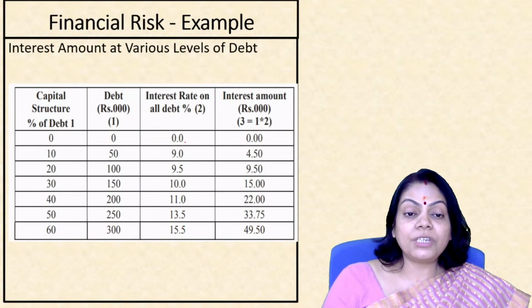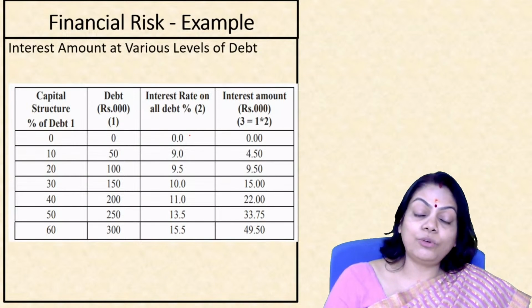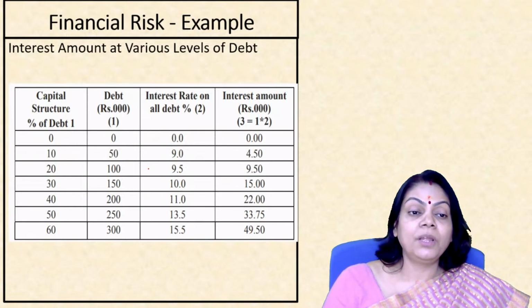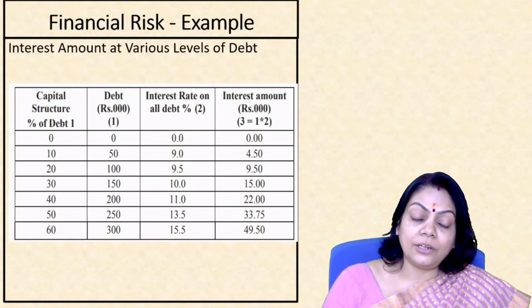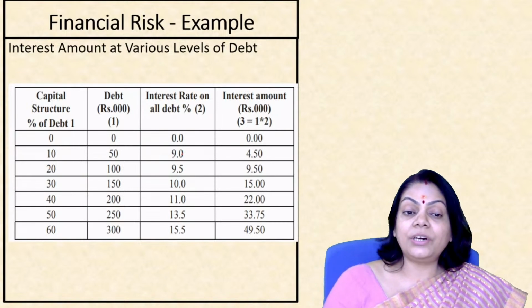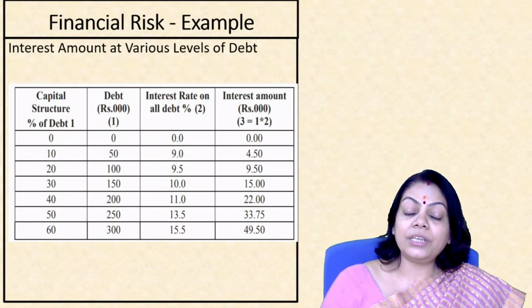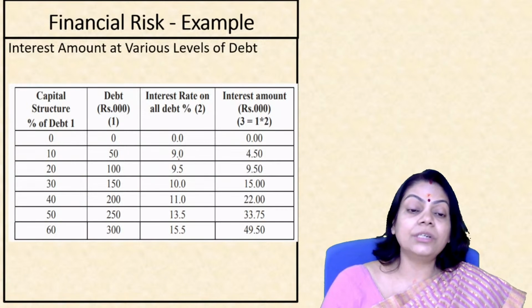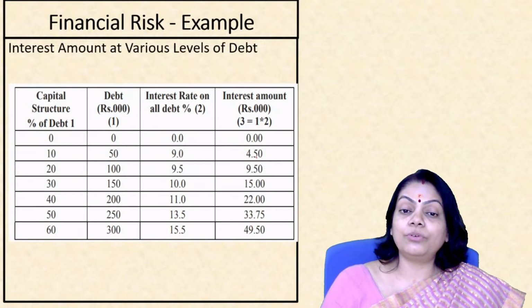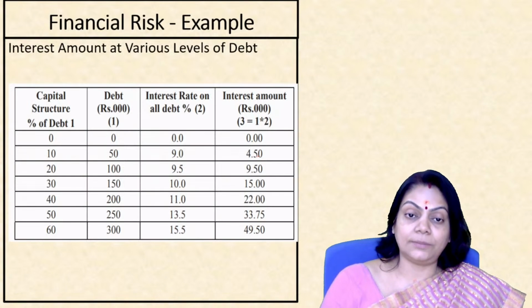In the first case, no debt, so there is no question of interest rate, so no interest. Second case, your debt amount is 50,000 and the creditors are charging an interest rate of 9%. So what is the interest that you have to pay? 9% of 50,000 works out to 4,500.